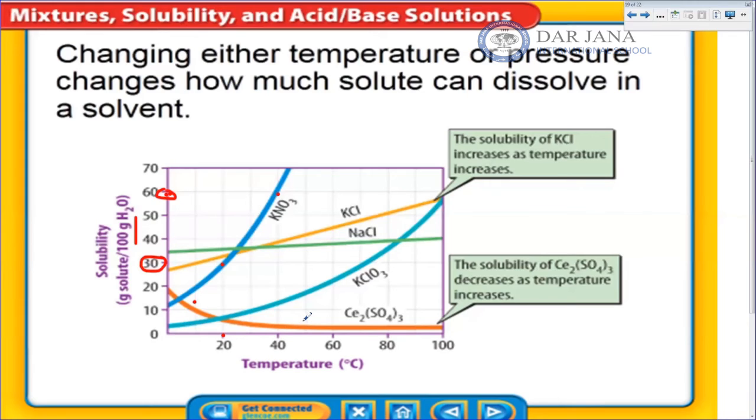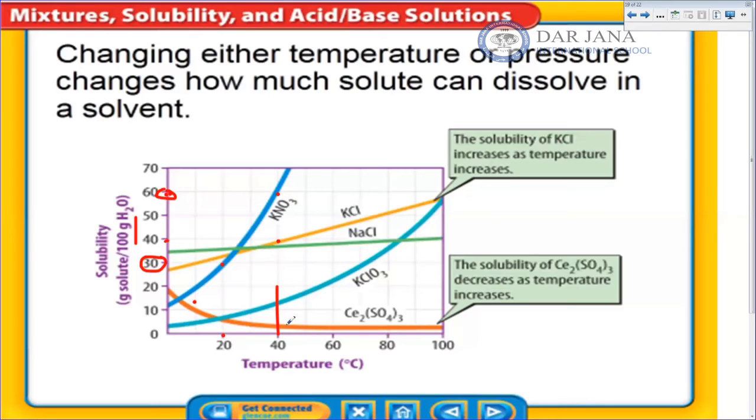Another example, let's look at this yellow line. It's moving up. It's KCl. If we look at 40 degrees Celsius, when you reach this point and then move horizontally, it's about 39.